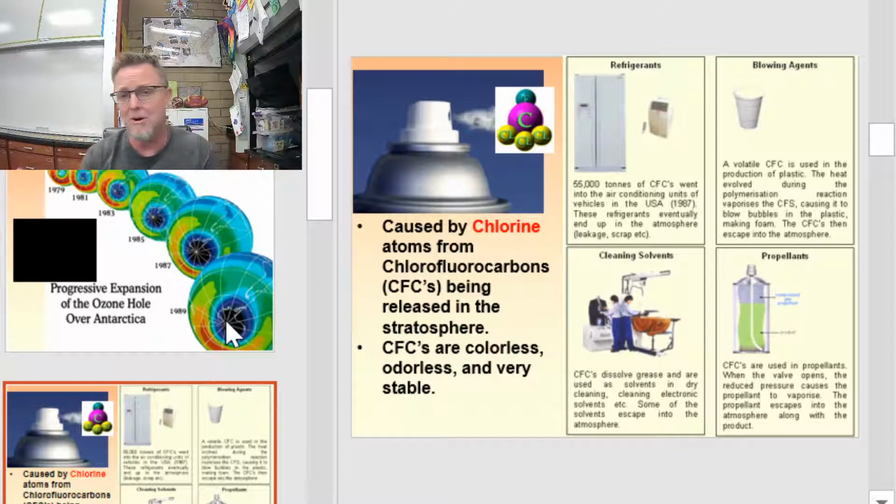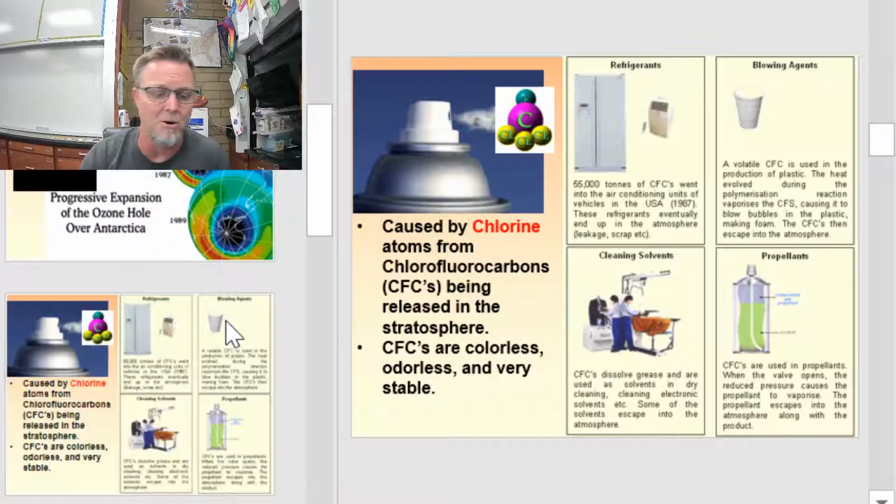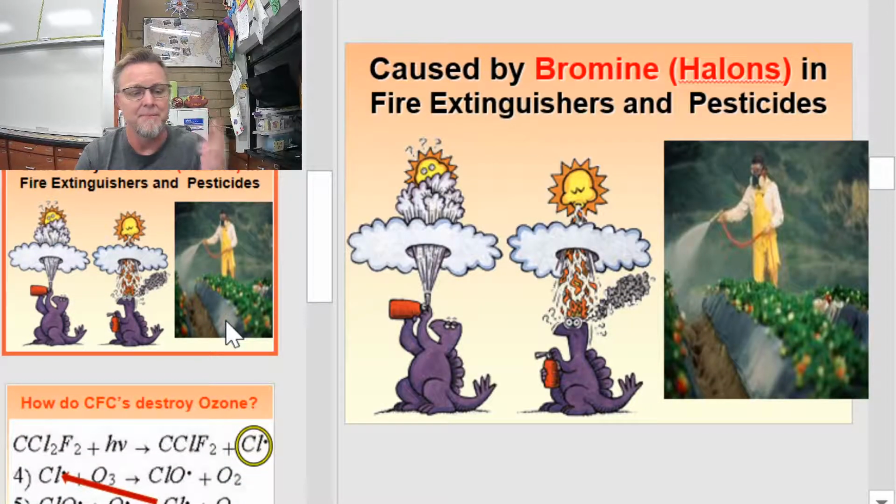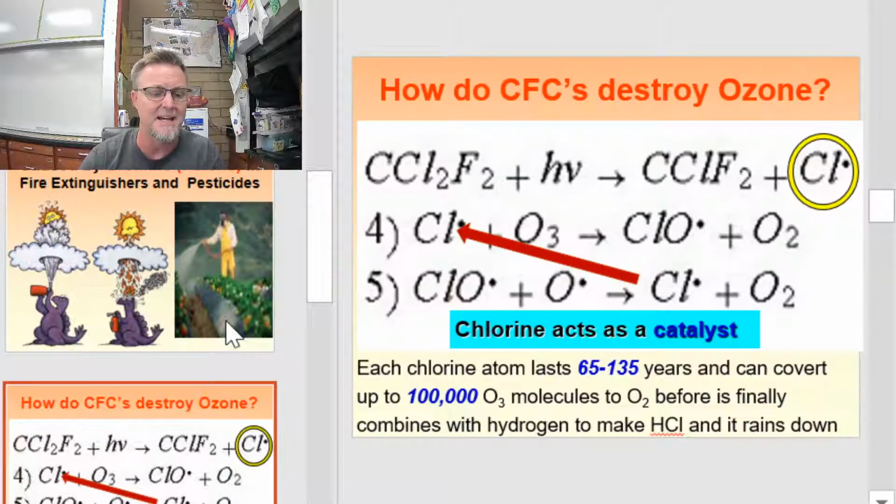If there's chlorine around, it just absorbs all this singlet oxygen, and there's no singlet oxygen anymore to combine with O2 to make O3, and there you get the hole. Basically, we also have the ozone hole that is increased by using bromine and halons in fire extinguishers and pesticides, along with the chlorofluorocarbons.